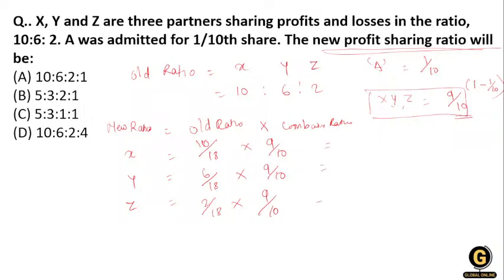So we have to solve it. When we solve it, 9 twos are 18, so for X we get 1/2, which is 5/10. For Y this is 3/10, and for Z, 2/18 multiplied by 9/10 is 1/10. Let me take a second, I got confused.